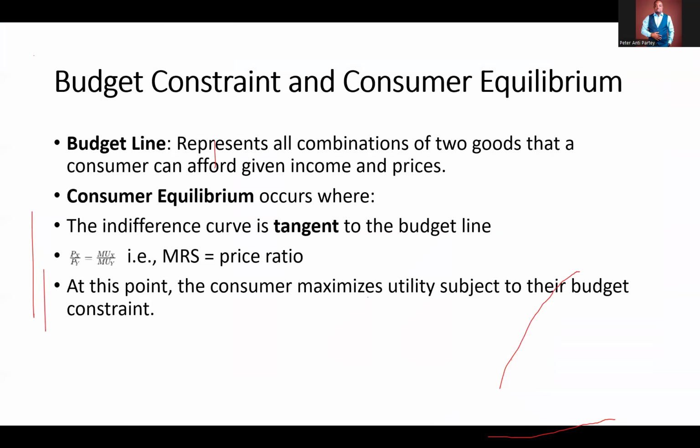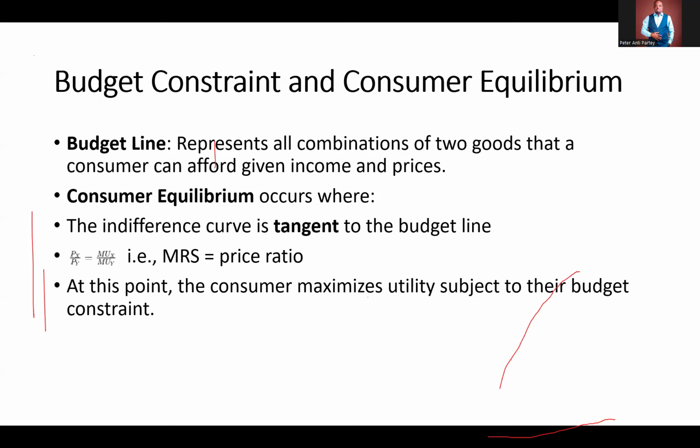Now, one of the things that we need to understand about indifference curves is what we call the consumer equilibrium. So all of us have what we call a budget line.